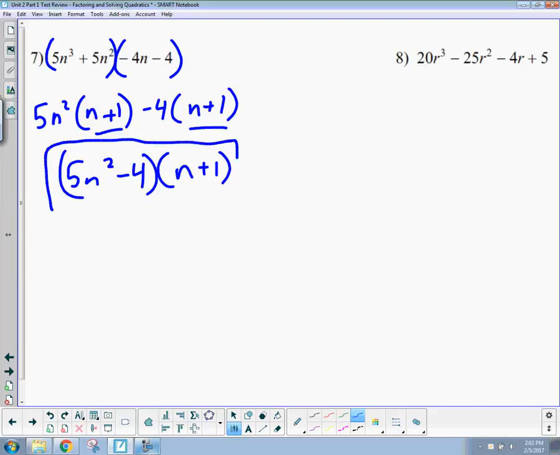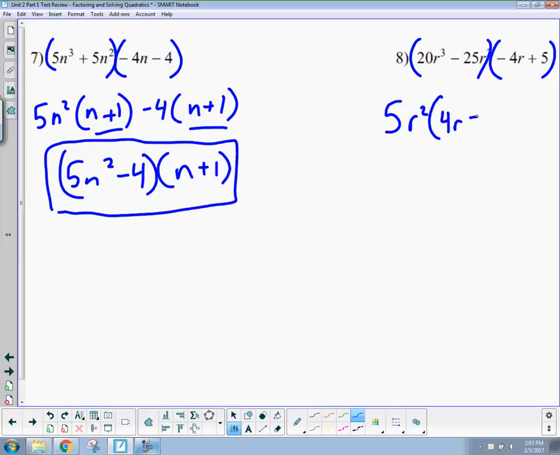Number 8, again, group the first 2, last 2, but don't forget you always take out greatest common factors. For this one, I think it's going to be 5r squared. That'll be 4r minus 5. It's going to get a little tight here, but if you notice, it's almost looking just like it, but the signs are wrong.